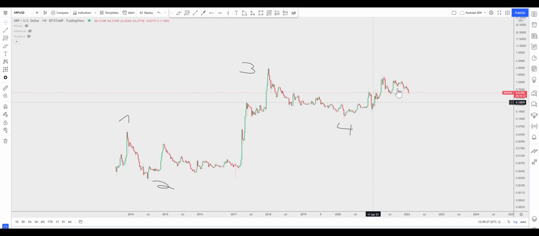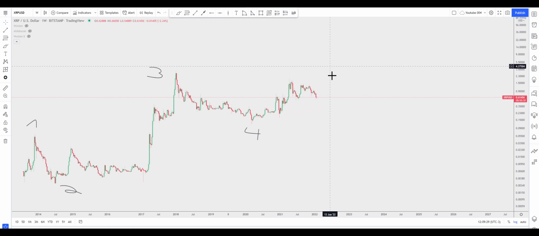And why? So let me show you something. When we see this setup, it's called the impulsive waves, okay? Which means it happens after a bull break or after a bear break, okay? So we need the 0 point or the source.